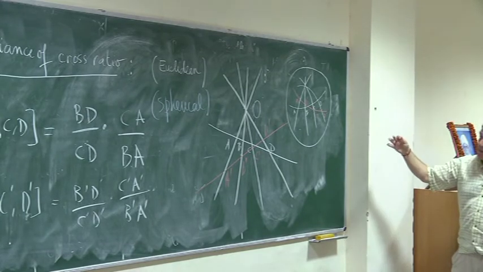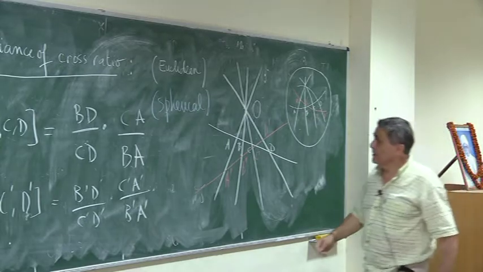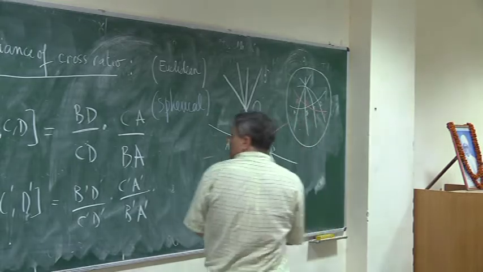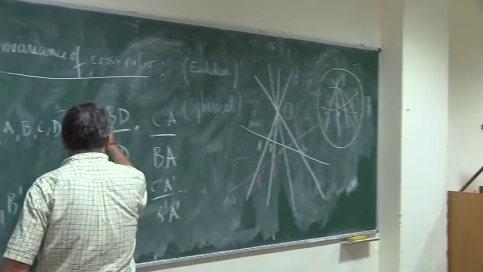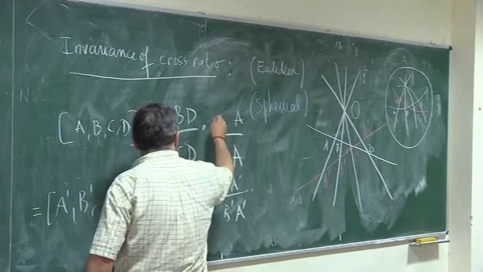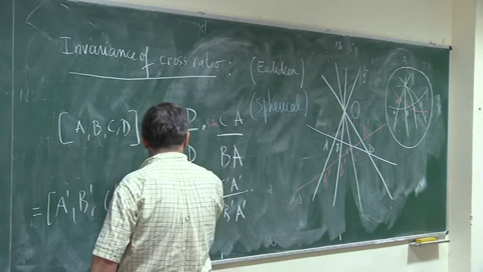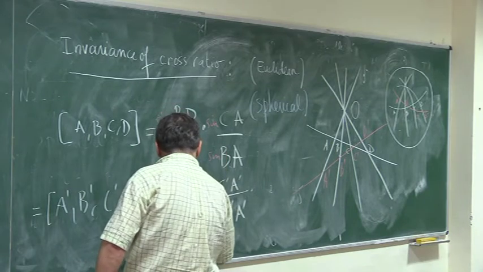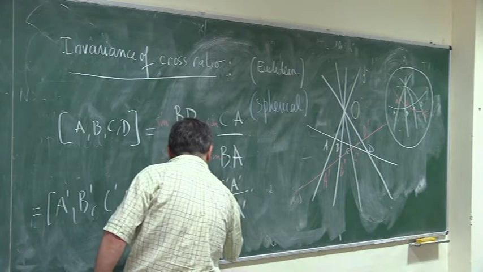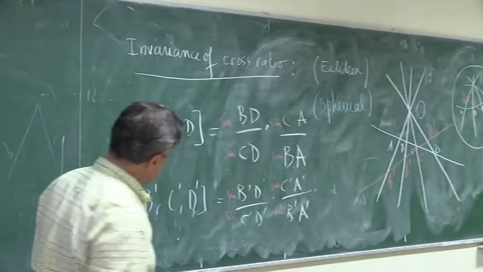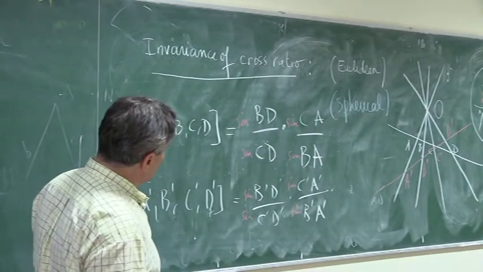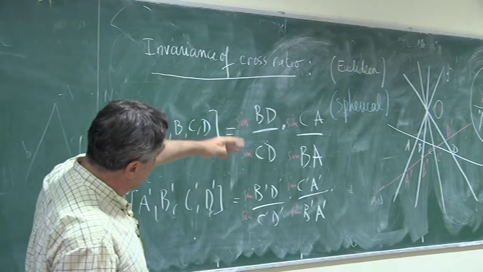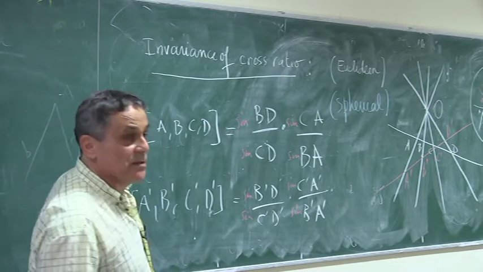And there's an invariant in the spherical case. This is a spherical cross ratio, and here you have to put sines. So this is the invariance of the cross ratio in spherical geometry.